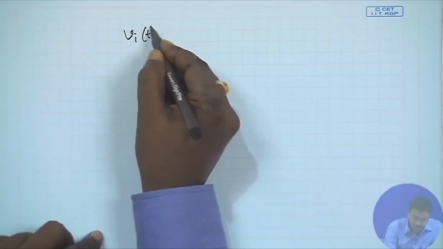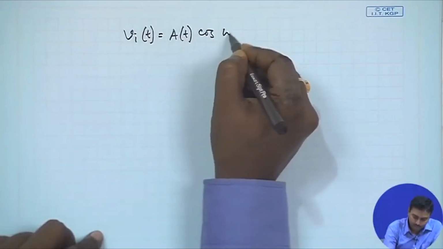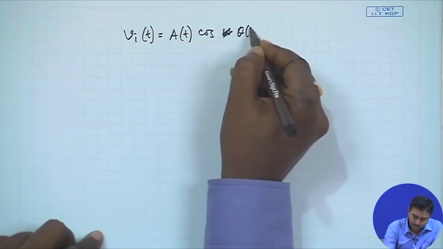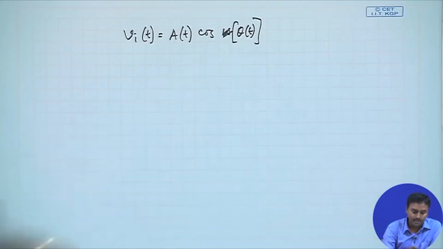Okay. So, let us try to understand what a hard limiter is. Whenever that kind of signal is there, suppose I have a VIT which is some AT cos, let us say some theta t. I am just trying to write that there is an amplitude variation, there is a theta variation.